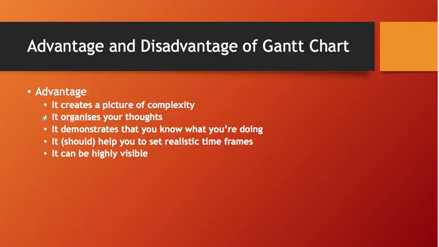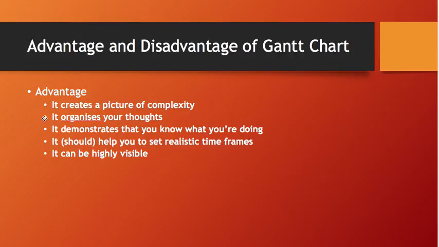The advantage of the Gantt chart is that it creates a picture of complexity. We think in pictures, so if we can see complex ideas as a picture, it helps us understand them more easily and organize our thoughts. The Gantt chart forces you to divide each problem so you can have organized thoughts to do things.